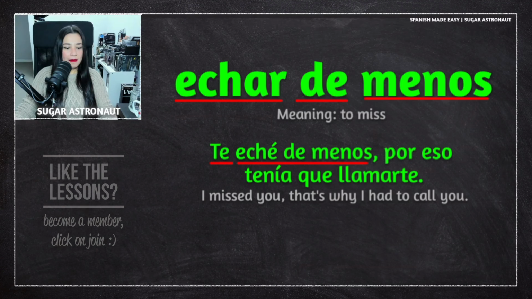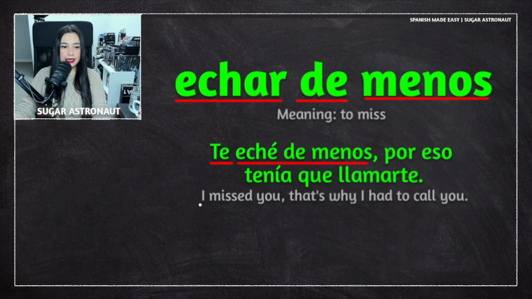Te eché de menos means I missed you. So te in this situation means you, okay? And yo is not there. Yo means obviously I. Yo te eché de menos.